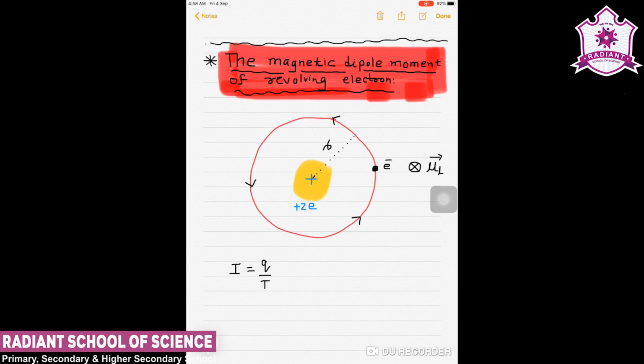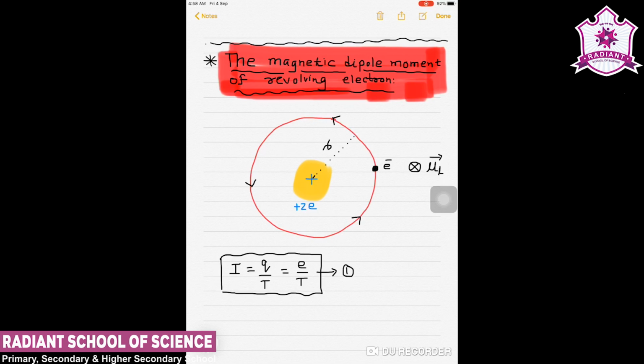Here the electron is revolving, so we can say that it is E upon T. So this is our first equation of electric current due to the motion of the electron in this path.